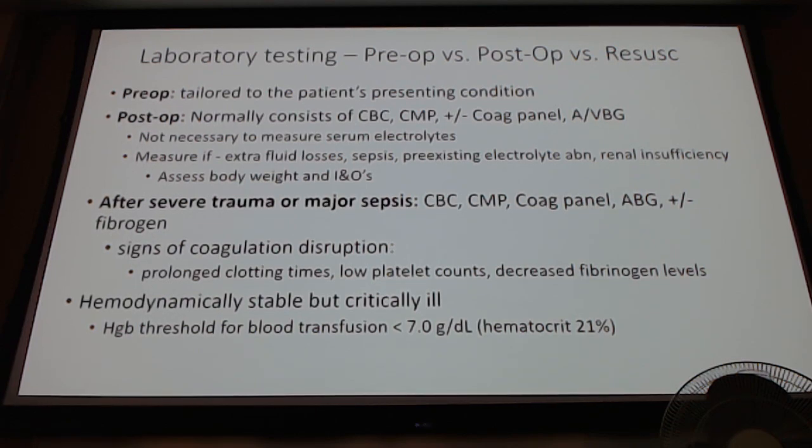Because their heart already has a hard enough time circulating the hemoglobin and the oxygen, okay? So if their hemoglobin drops to 8, we normally will transfuse, okay? But gold standard for normal, healthy patients, well, I guess they're not healthy if their hemoglobin is less than 7, but you kind of get my point, right?